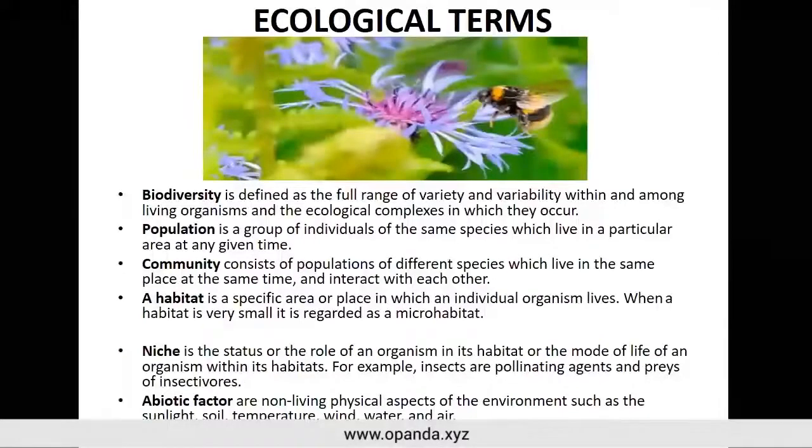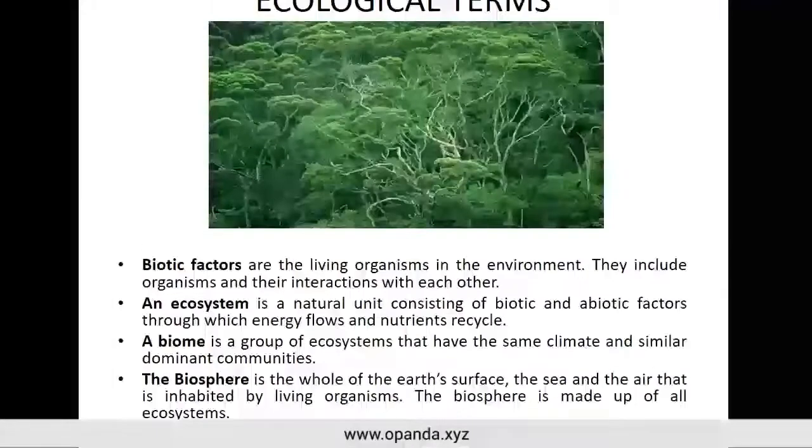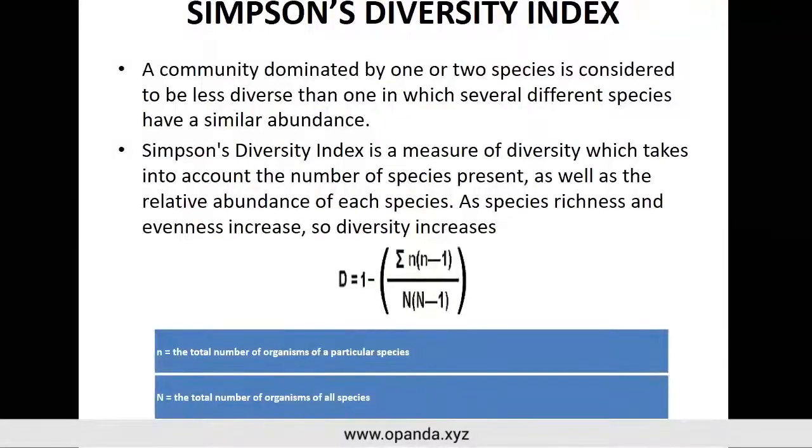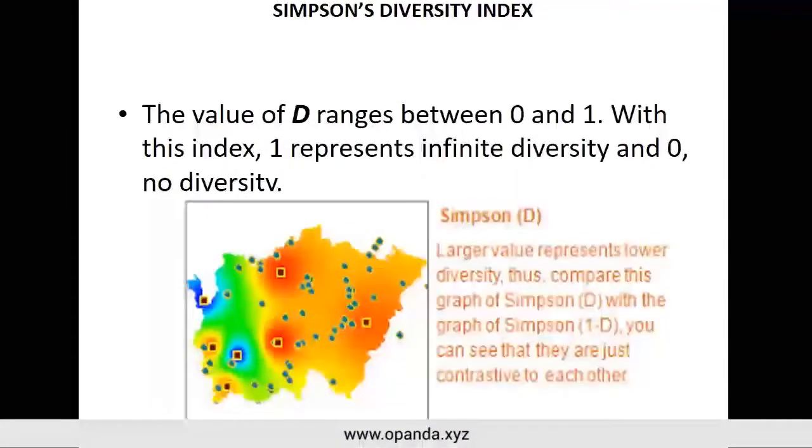Simpson's diversity index, the value ranges between infinite diversity and zero, no diversity. My dear students, I want you to now immediately understand the application of this in real life.